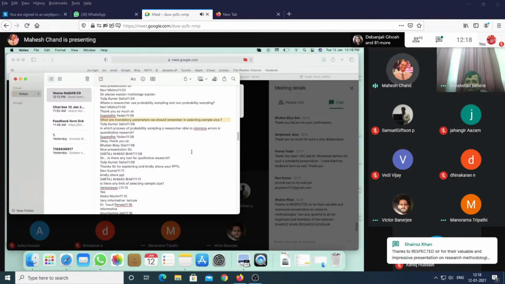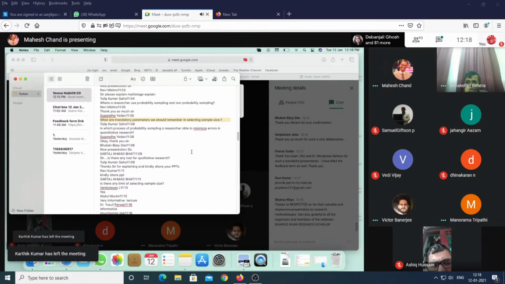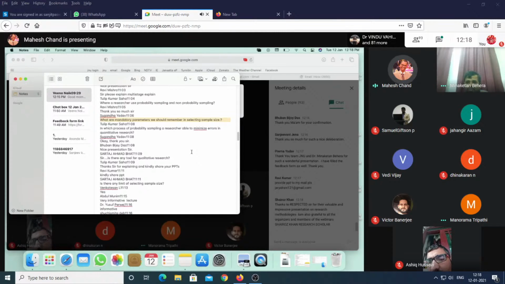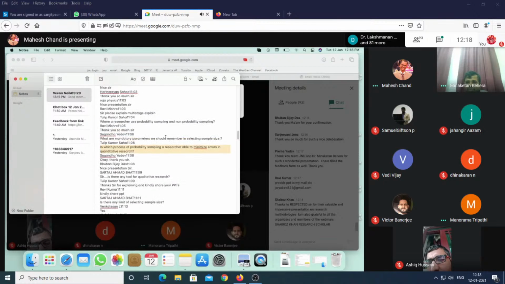There is a question by Sugandha Yadav. She asked, what are the mandatory parameters we should remember in selecting sample size? I have already explained that.